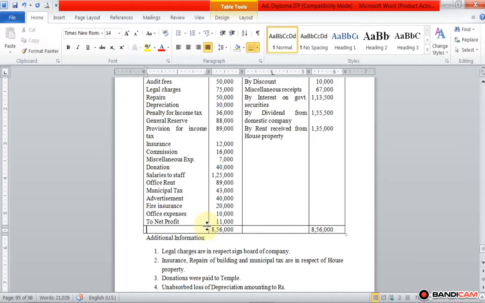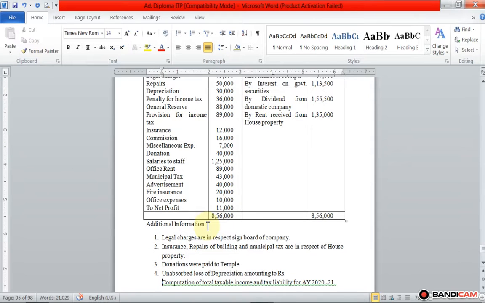Insurance, repairs of building and municipal tax are in respect of house property. Okay, so it is an expenditure incurred on house property, so it is a disallowed expenditure. This disallowed expenditure is added to net profit.